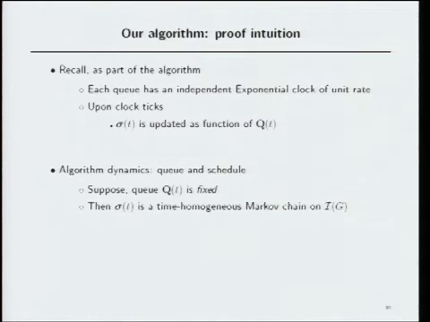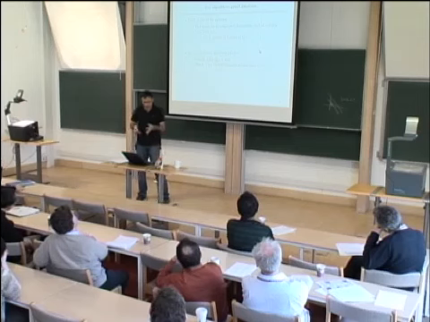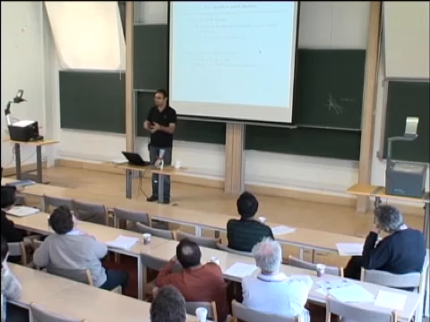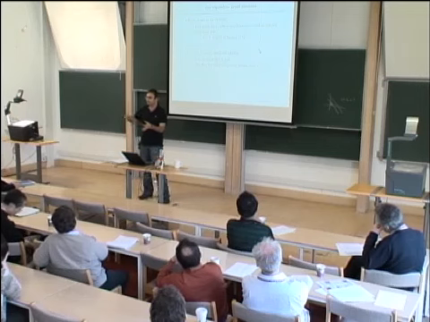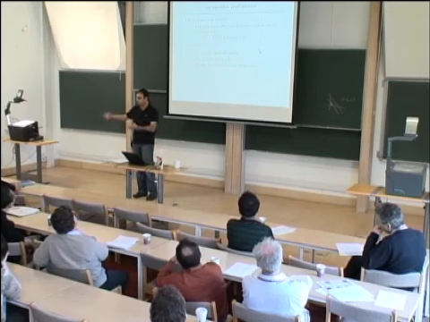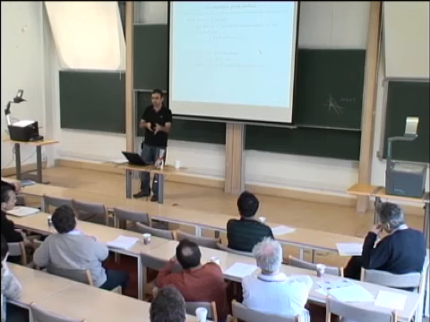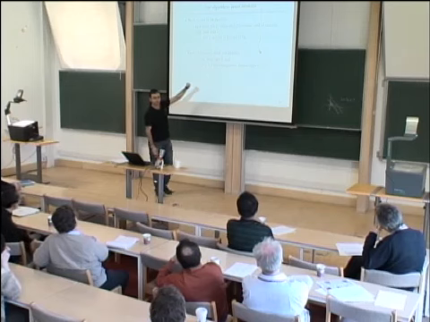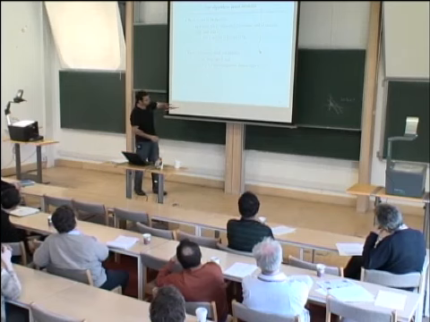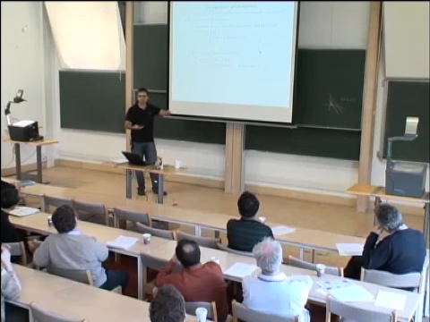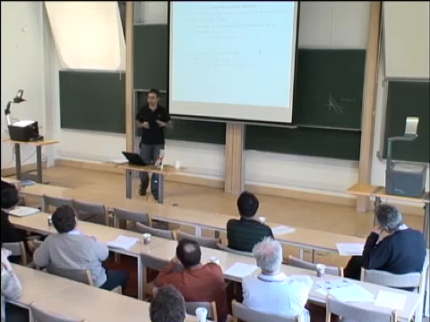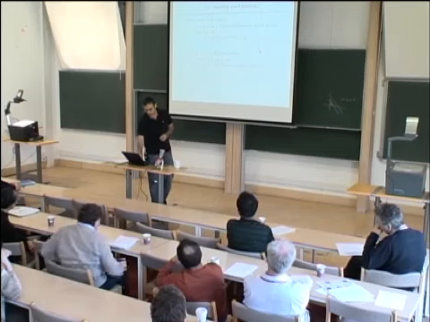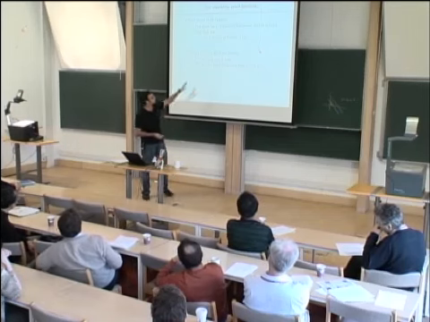The way the algorithm is designed, you have schedules which are evolving over the space of independent sets of the graph, and then there is a queue size which is changing. The rates at which you evolve these schedules depend on the queues. So there are two types of dynamics: the queues that are changing, and the schedules that are changing. Let's first assume there is some form of time scale separation, i.e., queues are not changing. Okay, so queues are fixed.